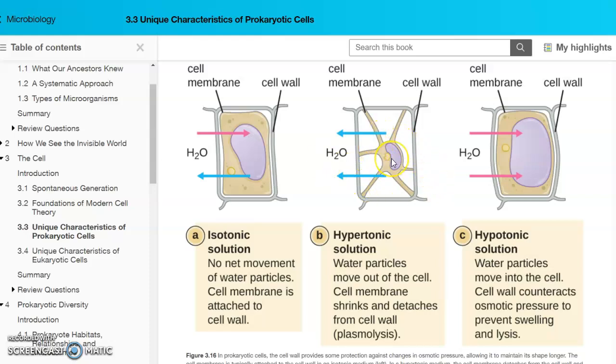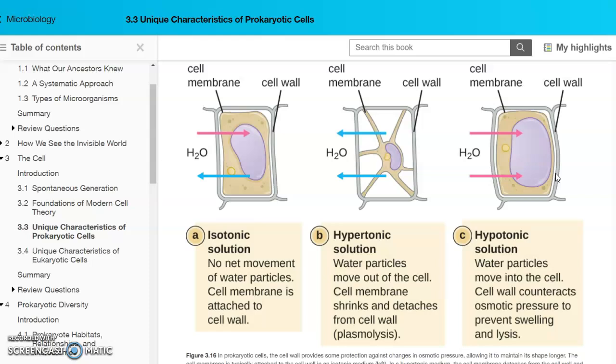But when we get to a hypertonic solution, the cell membrane starts to fall away from the cell wall. In a hypotonic solution, the cell wall counteracts that to help prevent swelling. So cells that have a cell wall are in effect protected from some of the effects of osmotic pressure.